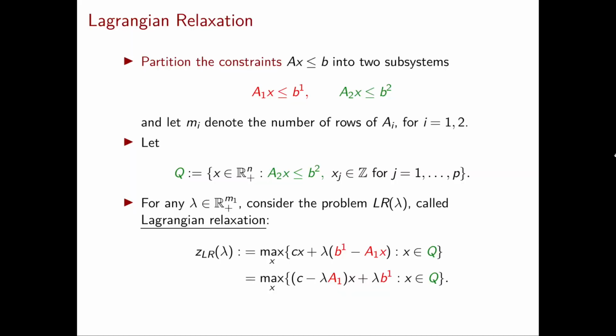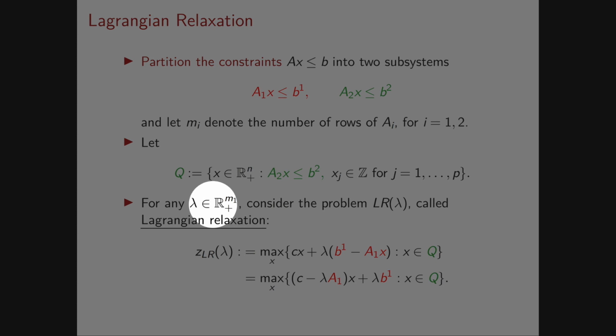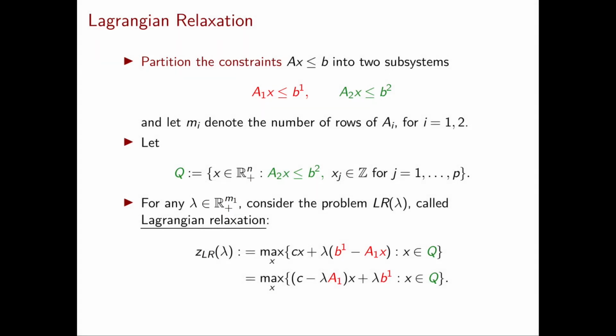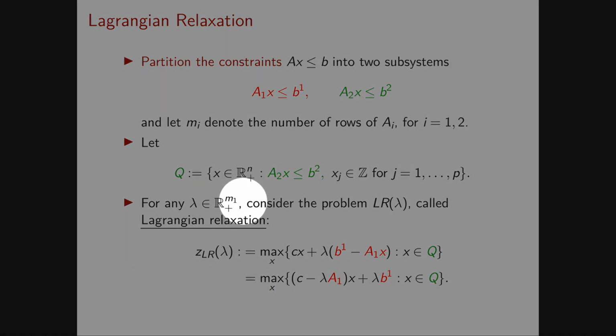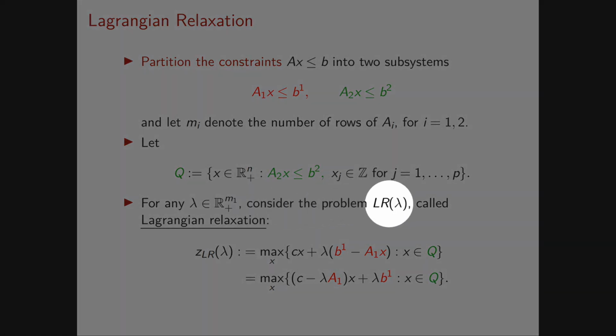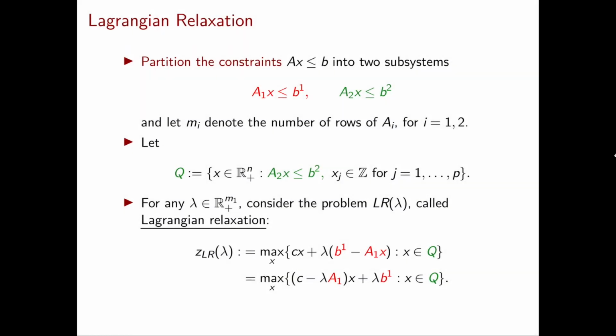We're now ready to define the Lagrangian relaxation. Pick any lambda in R_+^{m1}. So this is a vector of multipliers associated with the red constraints. Then we define the Lagrangian relaxation, and it's always denoted as LR(lambda), because of course it depends on your choice of lambda, and it's defined as follows.